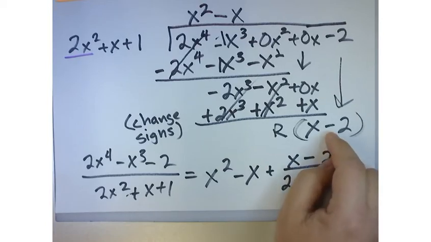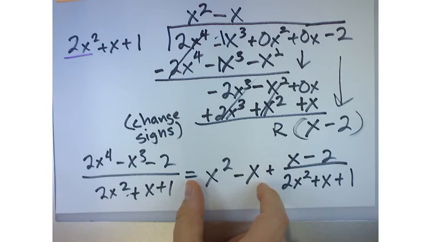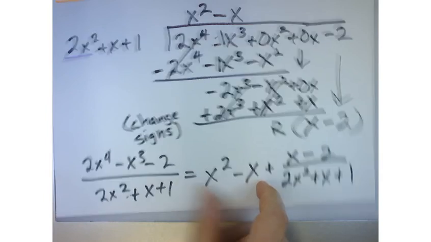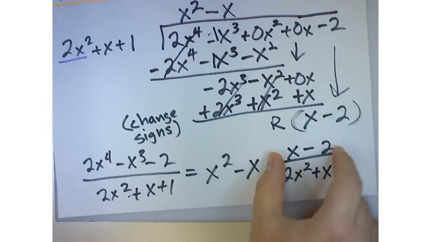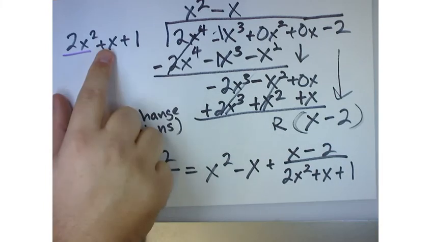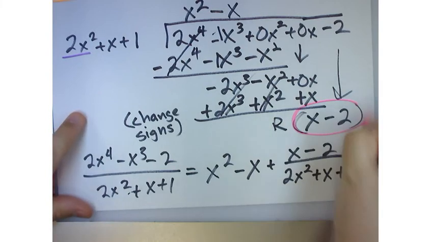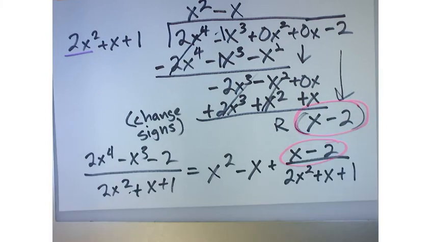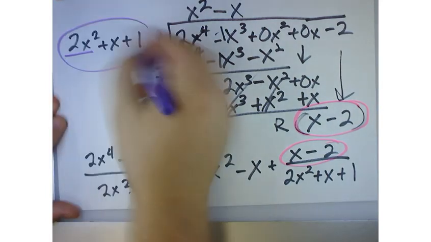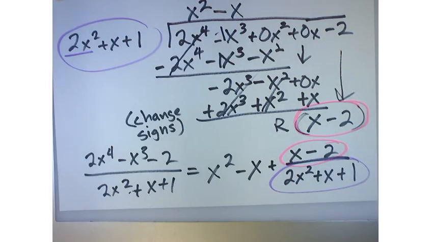To write my solution, I can write this portion down plus the remainder over the divisor. Does that make sense? So sometimes we'll have a remainder, and that will be written over the divisor. Does that make sense? Okay.